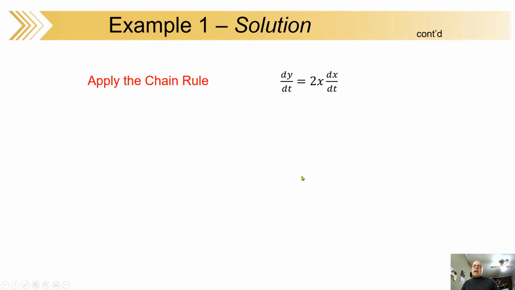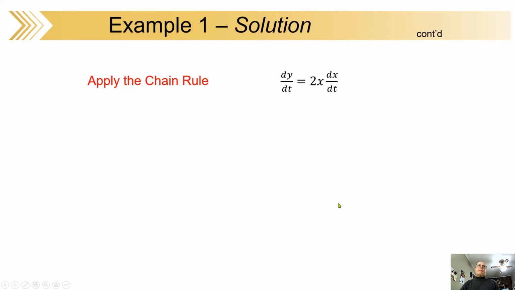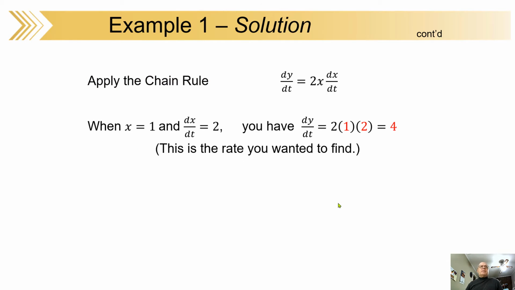The y we're going to differentiate with respect to time, so that's dy dt. This one, you get the 2x, but you're differentiating the x, remember chain rule, so you'll have dx dt at the end, and this gives us 0, so we don't have to worry about that part. So that's what we get applying the chain rule.